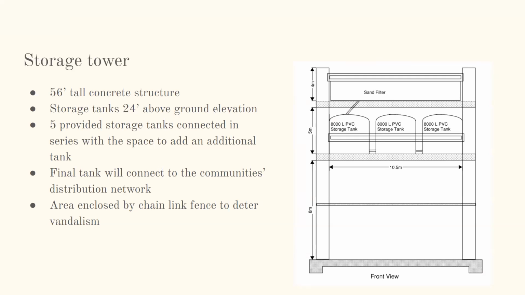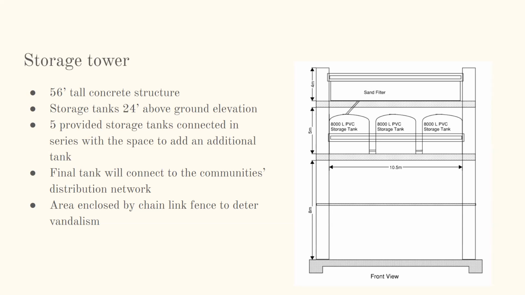So as I said, we've got 5 storage tanks that we are going to provide and spec out right off the bat, but there is space within this level to add an additional 6th storage tank down the line if the community has the funding and decides that it's needed with community growth and whatnot.